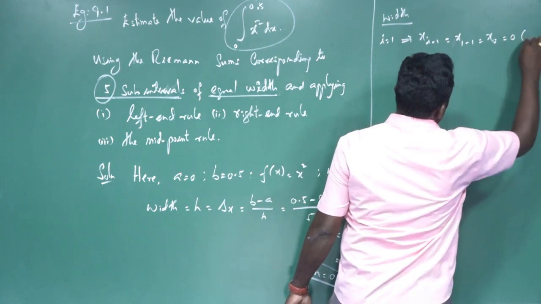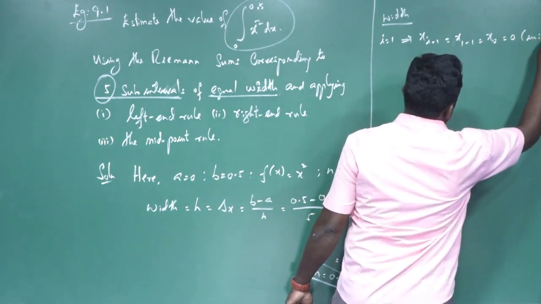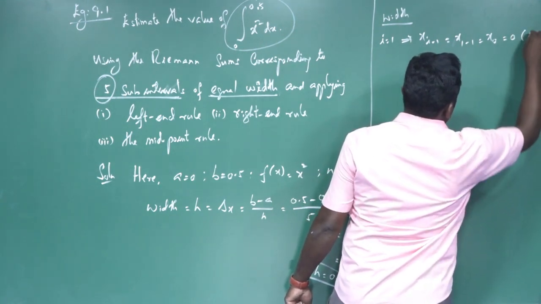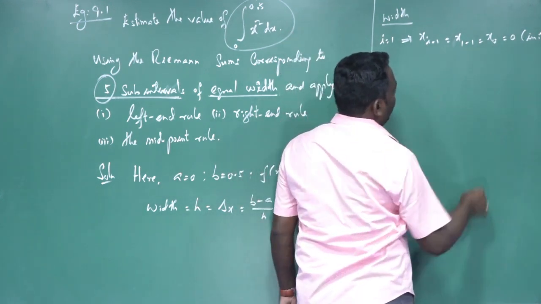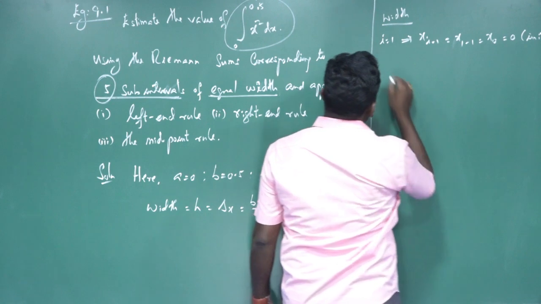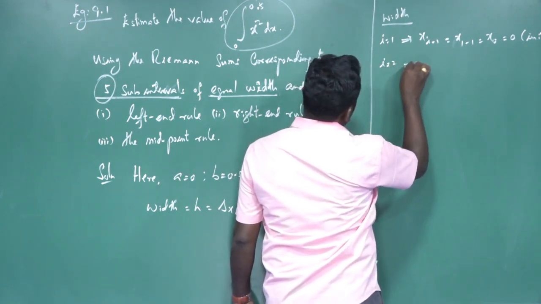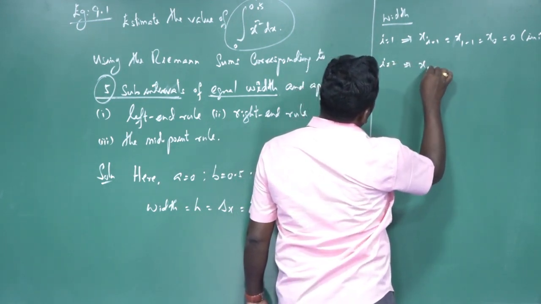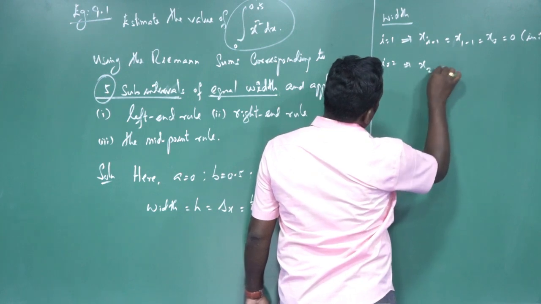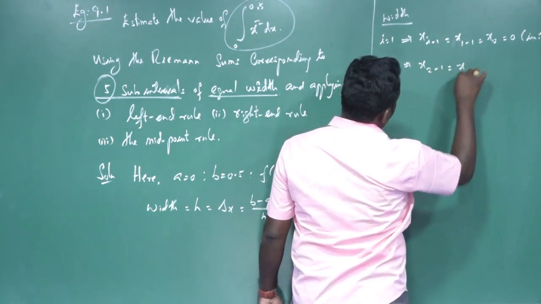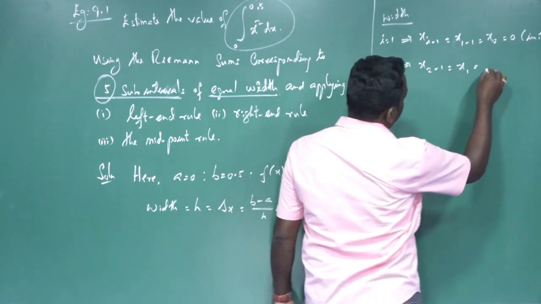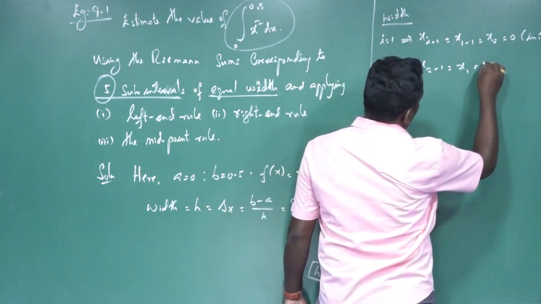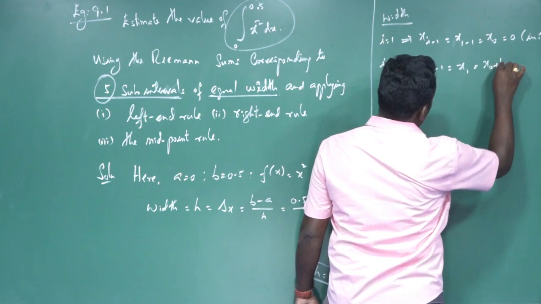Initially it starts at 0, going from 0 to 0.5, therefore initial at 0. Now i takes the value 2, that implies x_(2 minus 1), that is x_1, equal to 0 plus the width h.